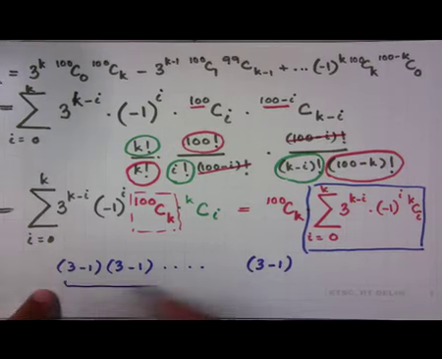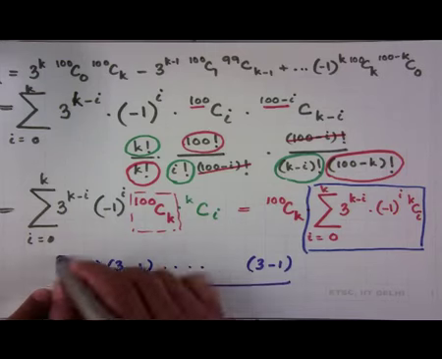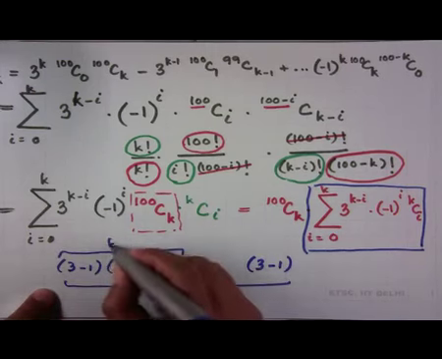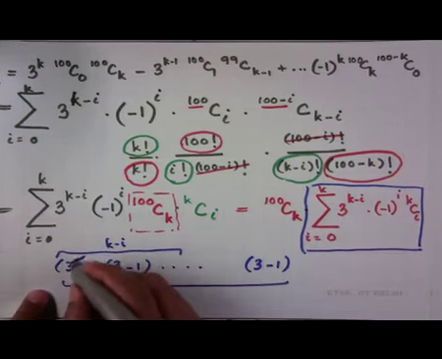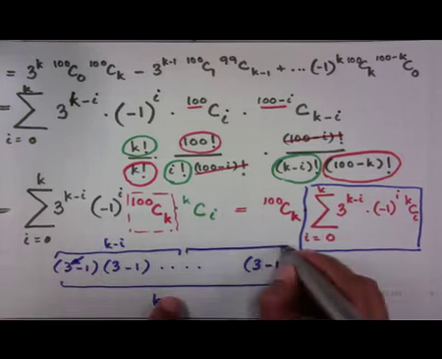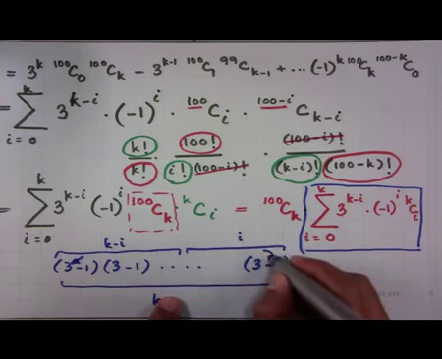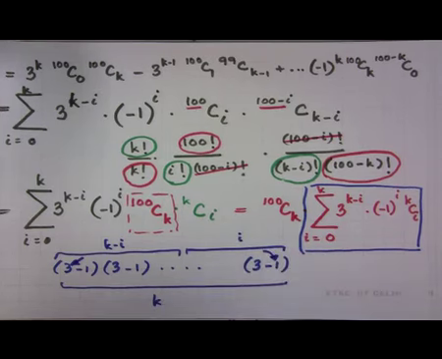So, there are k of these, and k minus i times you have chosen 3, and i times you have chosen minus 1, right.